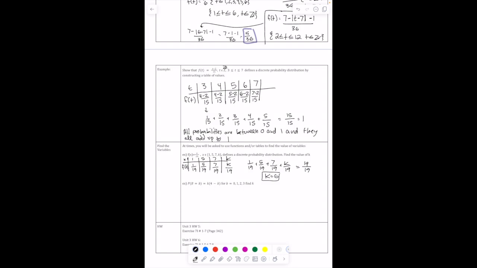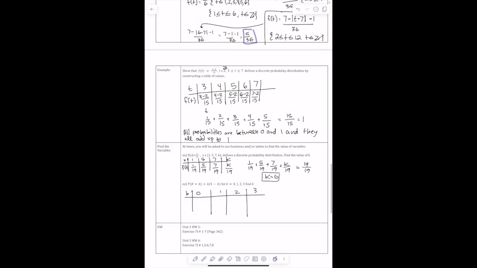All right, so another format you might see this question in is where, instead of k being one of your possible inputs, it's a part of the function. So here we're told our probability distribution function for our values b, which are 0, 1, 2, and 3, is k times 4 minus b.